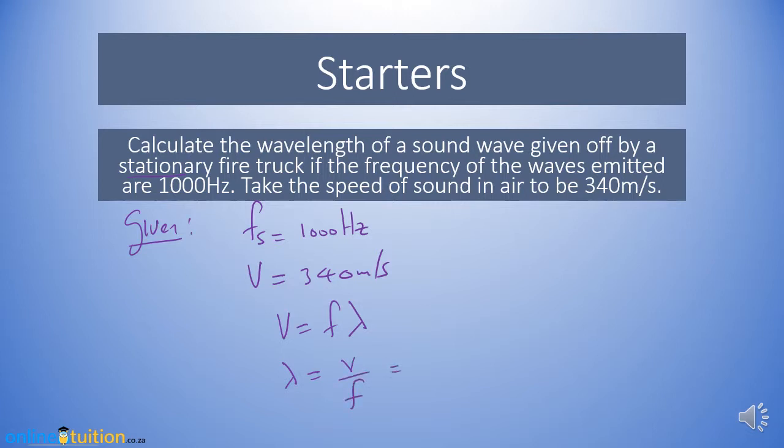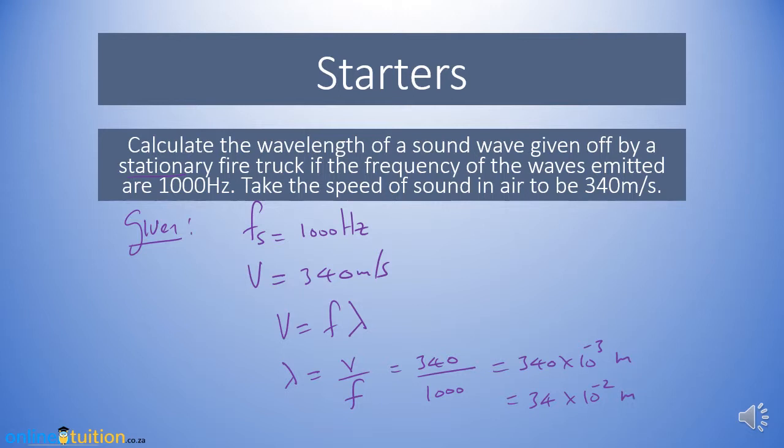So it's a very simple matter of saying 340 meters per second divided by 1,000 hertz, and that would give you 340 times 10 to the minus 3 meters, which is 34 times 10 to the minus 2 meters.